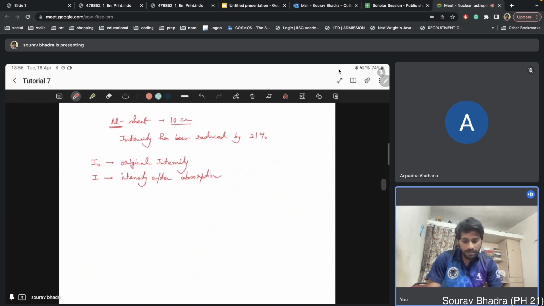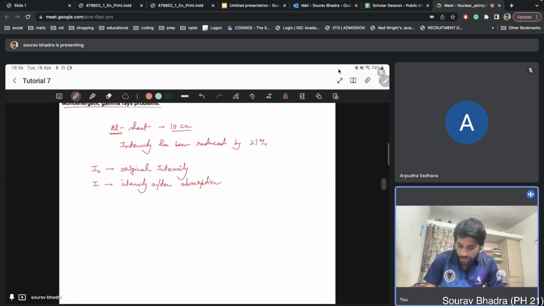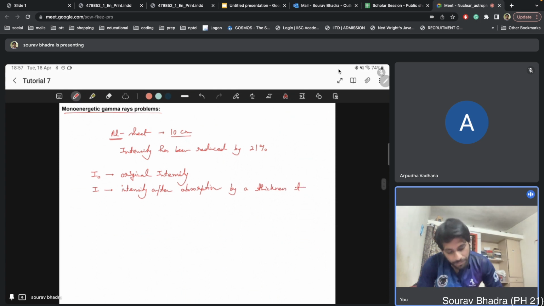Okay, so coming back to the problem. I0 was the original intensity, and I was the intensity after absorption by a thickness T. For our problem, the thickness is given as 10 cm. Now this I can be written as I0 e to the power minus mu t.